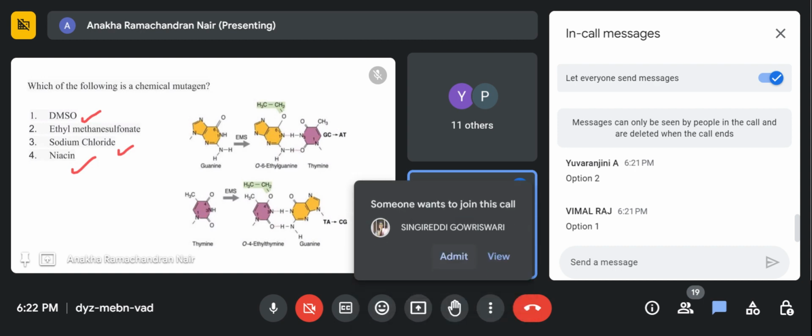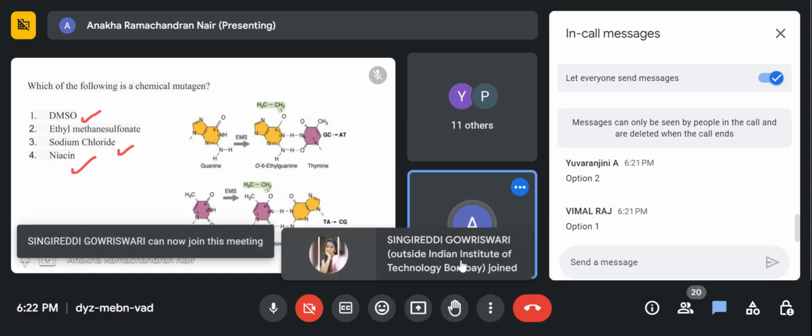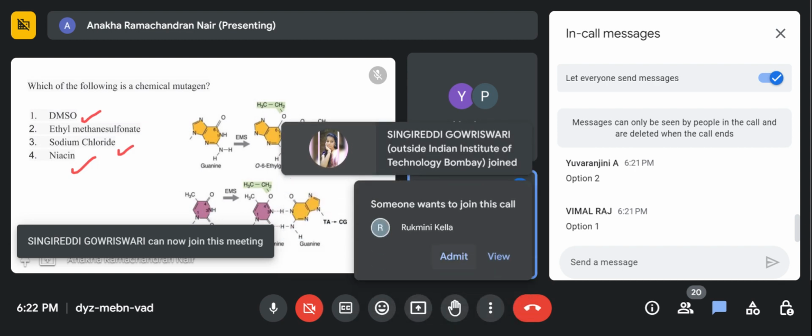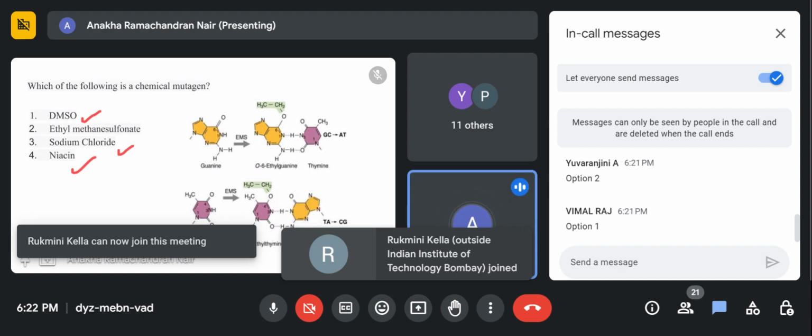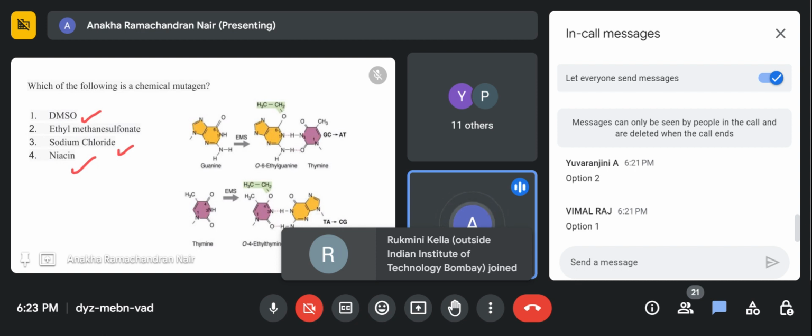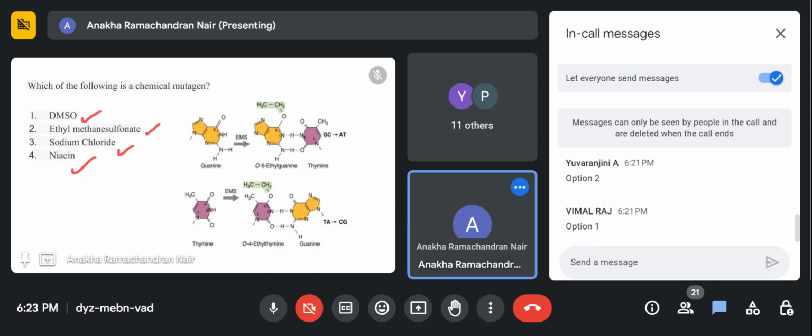So you use DMSO. DMSO is completely inert. It mostly doesn't react with any chemicals. Okay, so in that case, you can form an extract with it. So DMSO is not the answer for those who thought that was the answer. The answer is ethyl methane sulfonate. Okay, all the other options are wrong.